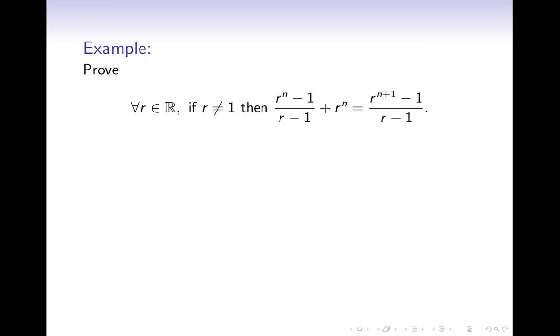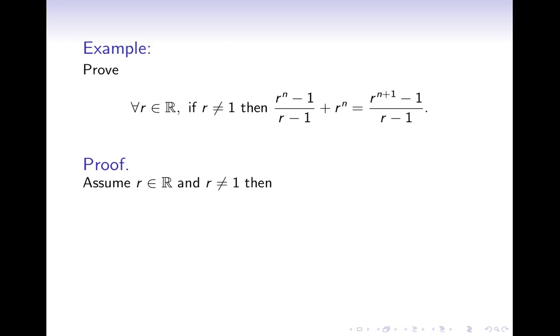So here is one example. Let's suppose we want to prove for every real number little r, if r is not equal to -1, then this equality holds. So let's begin the proof.